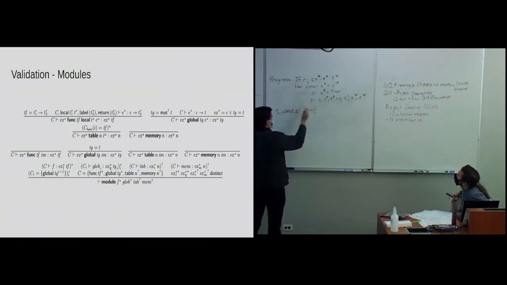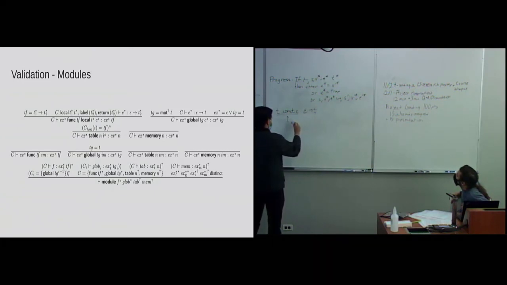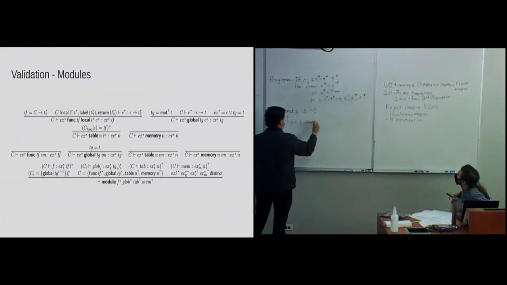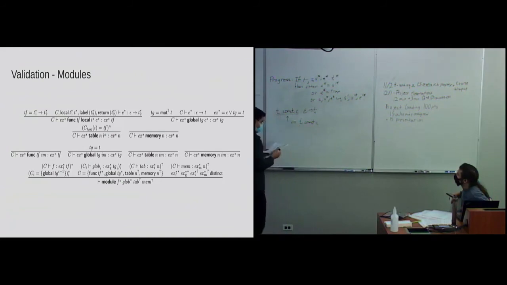We know that it satisfies E star equals value, because this is a value, and values are defined in the paper as any type of constant value.